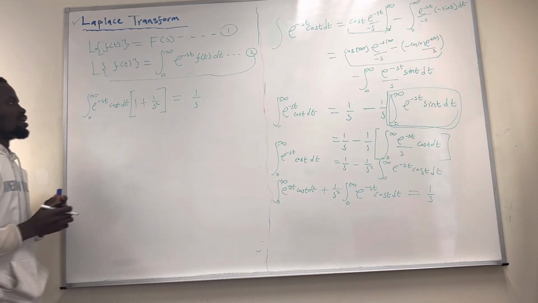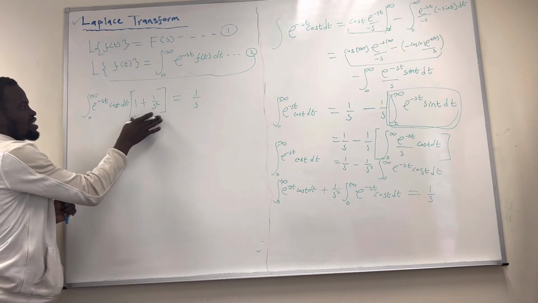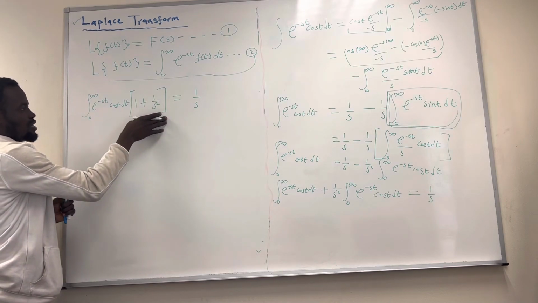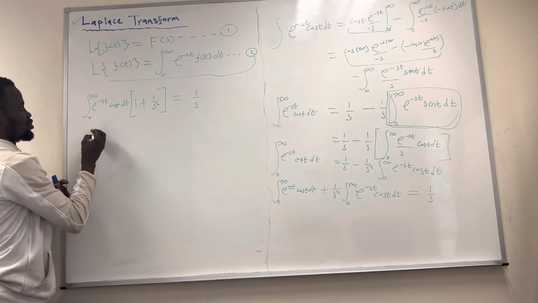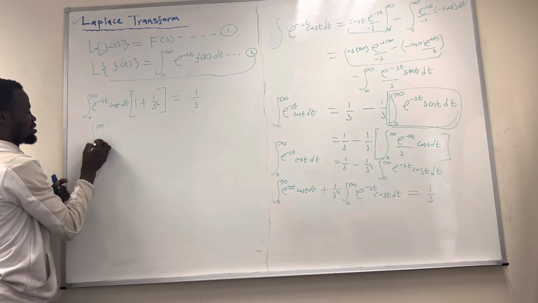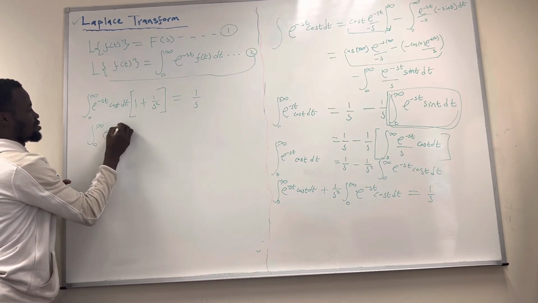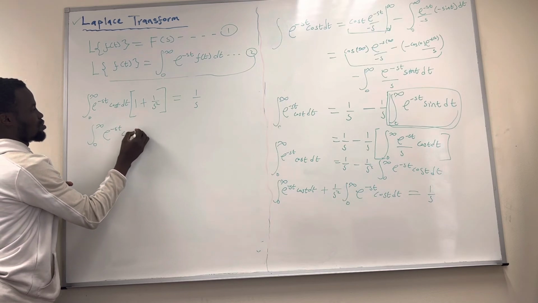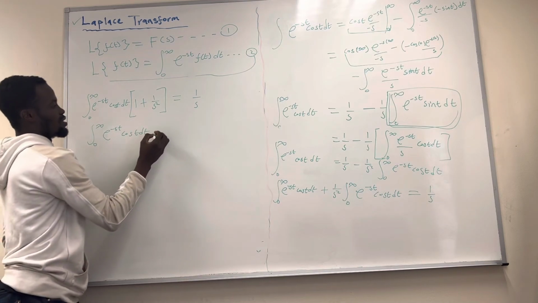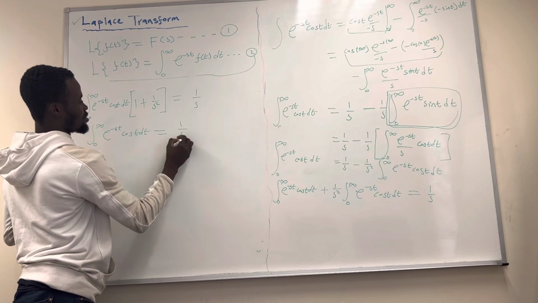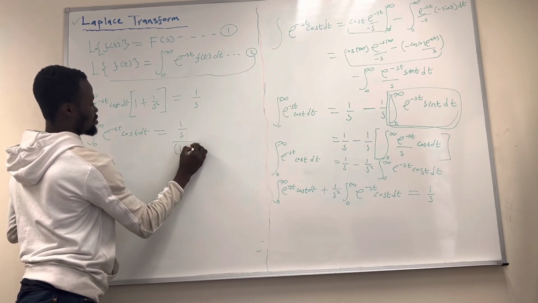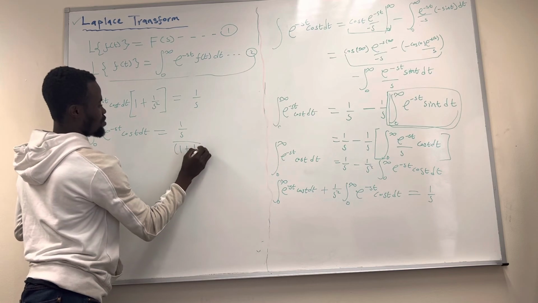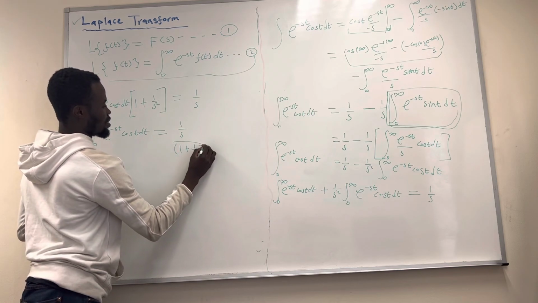Okay, good. So now let's divide both sides by this one. If you do that, you're going to get the integral from 0 to infinity of e to the negative st cos t dt equal to 1 over s, then 1 over, 1 plus 1 over s squared.